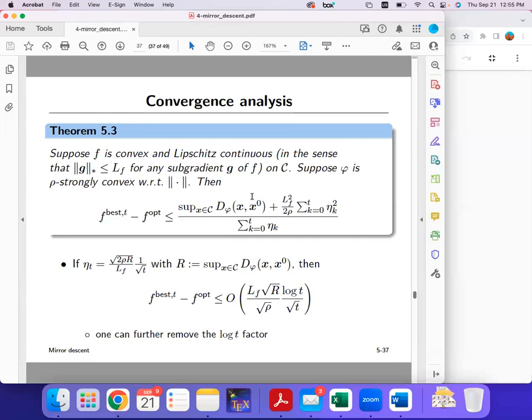Well, essentially, this term is a diameter term, so it should be a constant. And this part is basically a sum of the squares of the step size divided by the sum of the step size. We have seen similar results in the subgradient method.